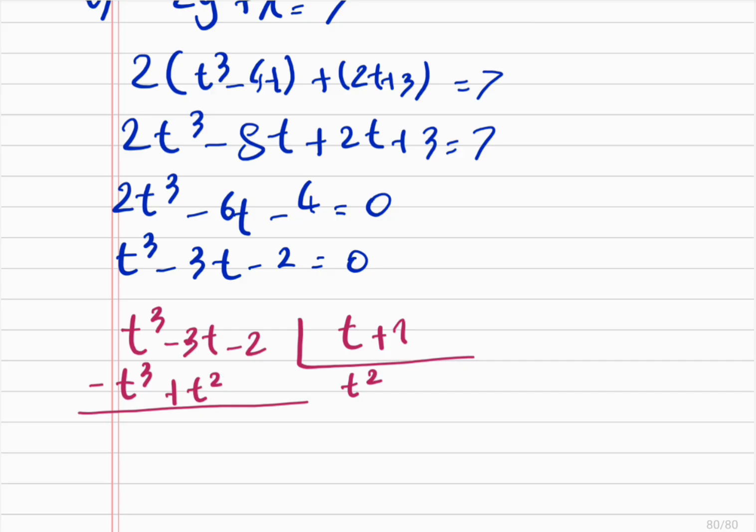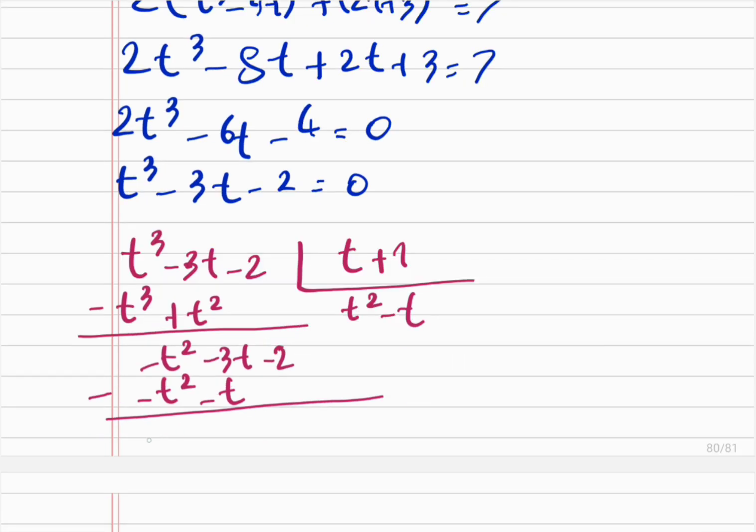So we don't have a t squared term on top, so it's just going to be minus t squared, and then minus 3t, and then minus 2t. Then for the next step, we want to make t into t squared, so it's just going to be minus t, minus t squared, then minus t times 1 is minus t. Again, we take away, so it's going to be 0 here.